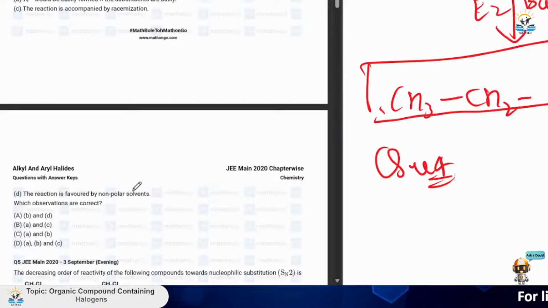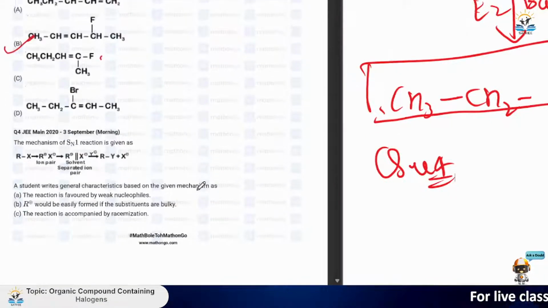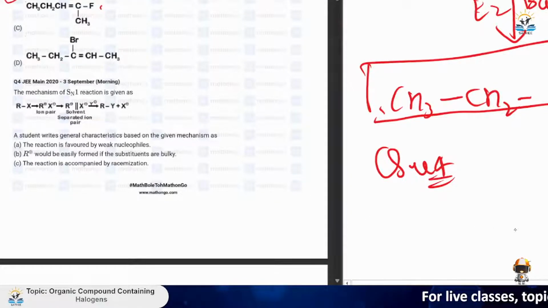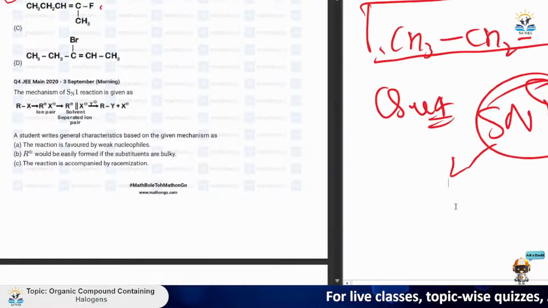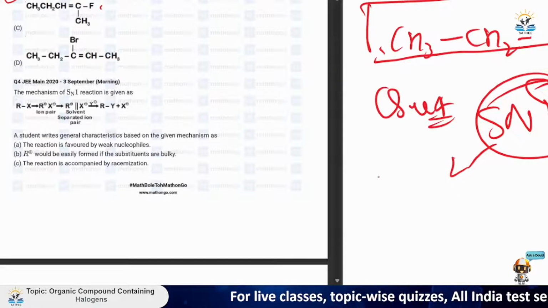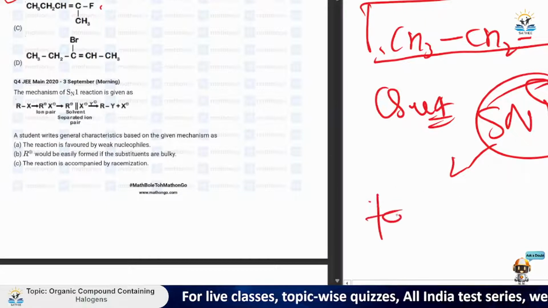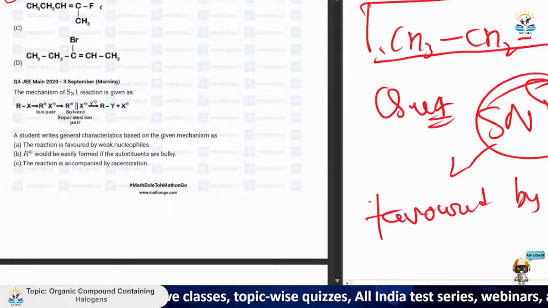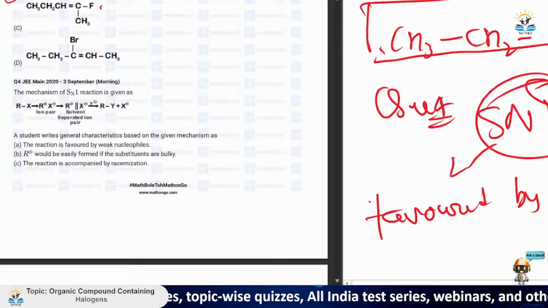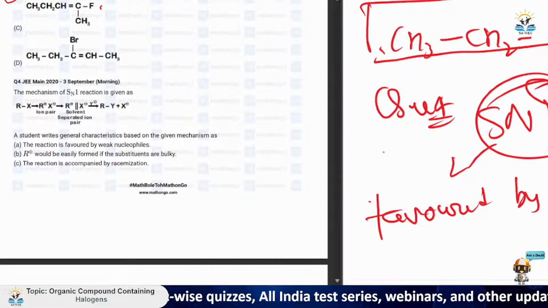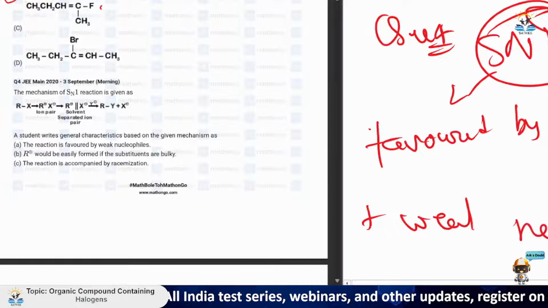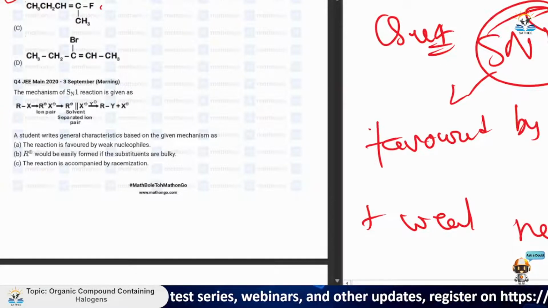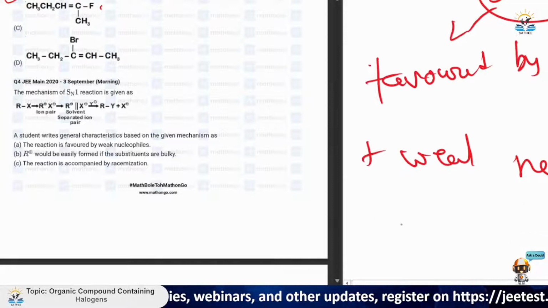First, we have been given the details regarding SN1 reactions. So we need to write the properties ourselves and check against them. What does the SN1 reaction mechanism need? The SN1 reaction is favored by polar solvents, plus weak nucleophiles, and it also needs bulky substituents.